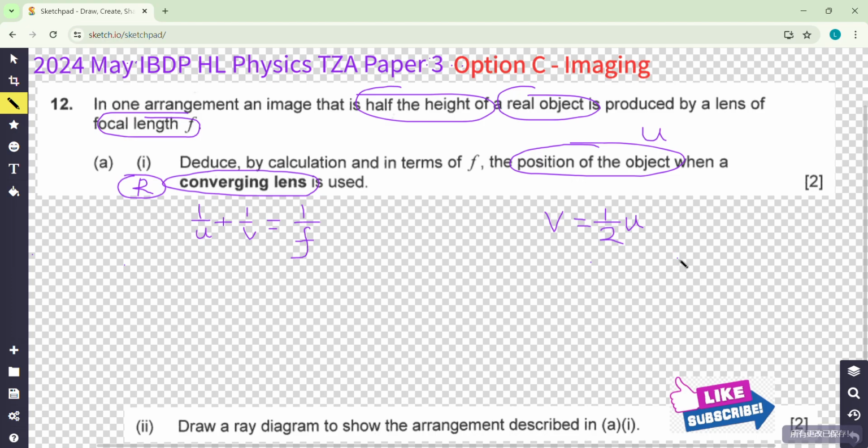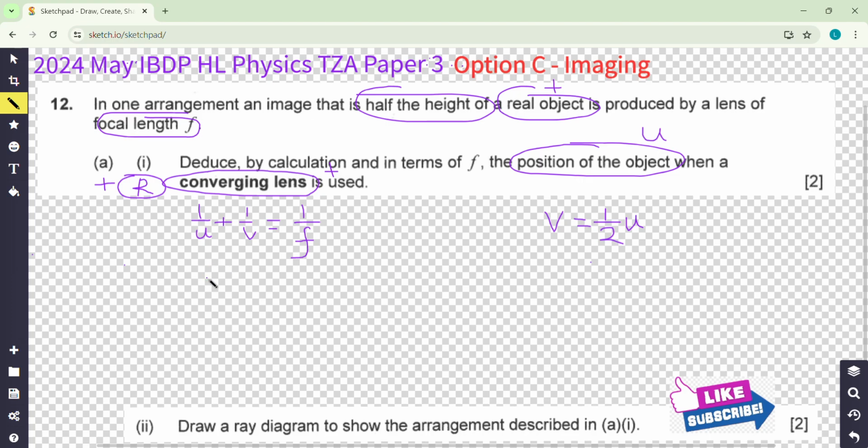The last step, when you substitute all these in, remember, do you have any negative signs? All these u and v should be negative, right? But here the sign matters: convergent lens plus, real image plus, real object plus, all plus.